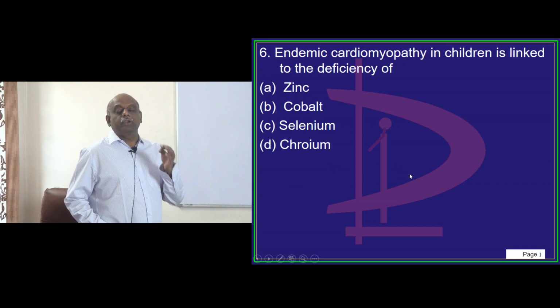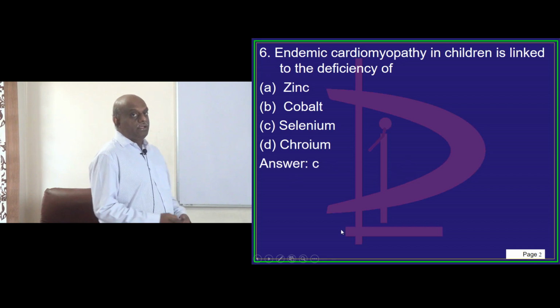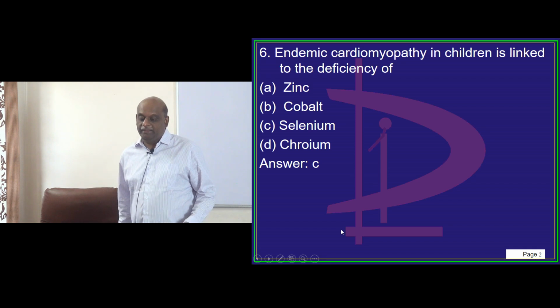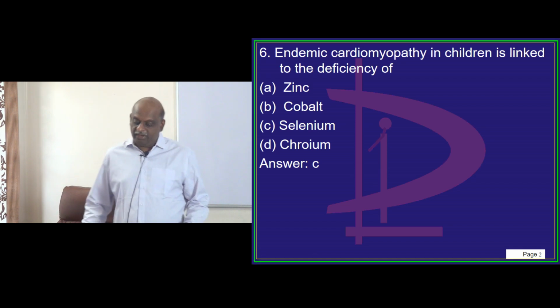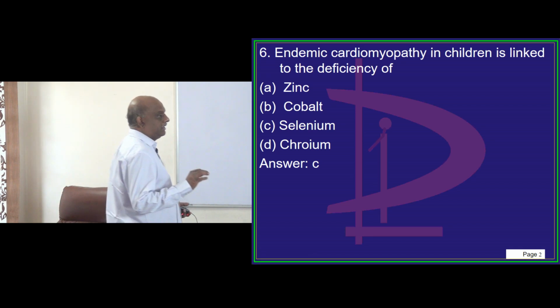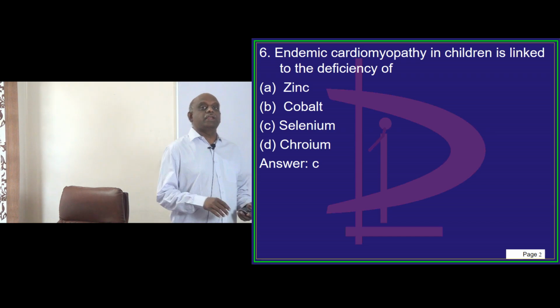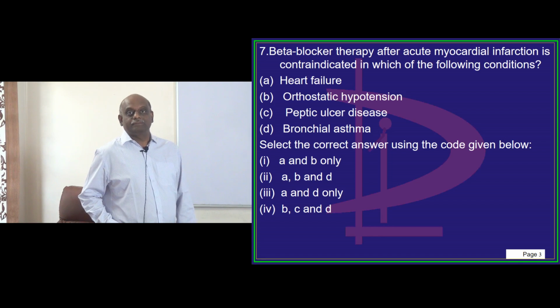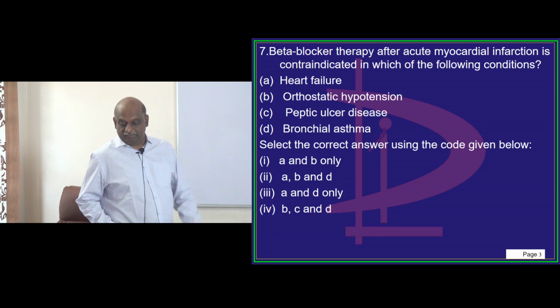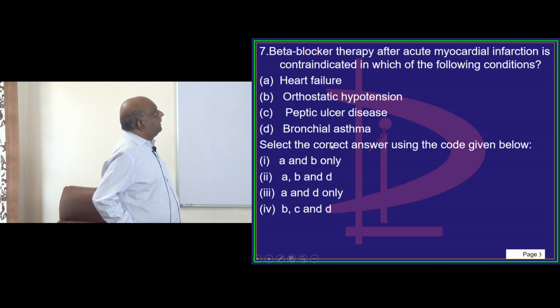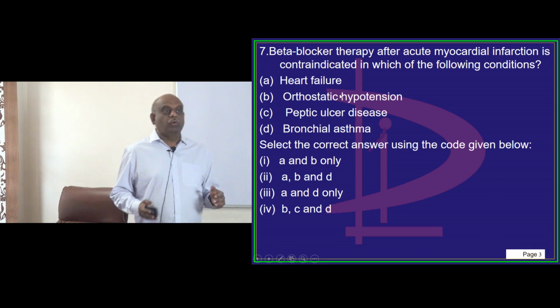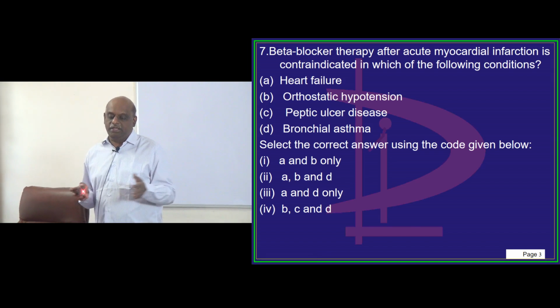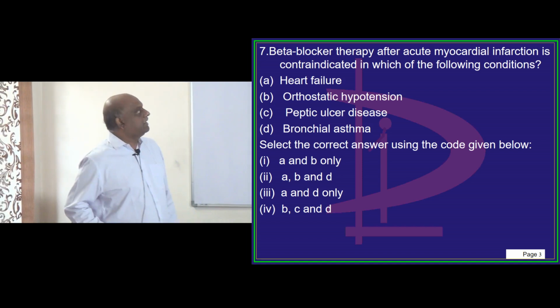Endemic cardiomyopathy in children. Selenium deficiency is associated with the Keshan's cardiomyopathy is what you should remember. Fine. Beta blocker therapy. What are the contraindications is the favorite question of the examiner.